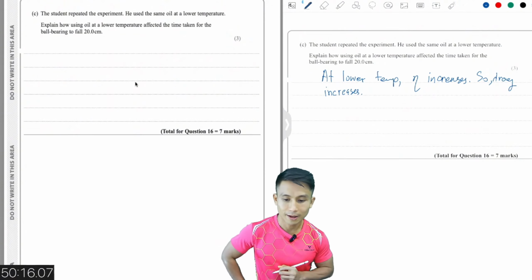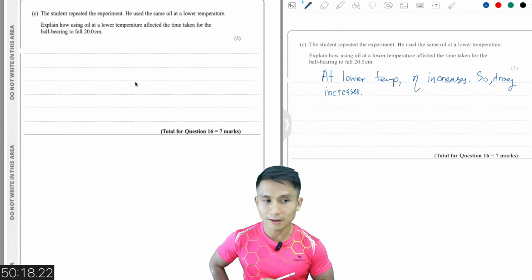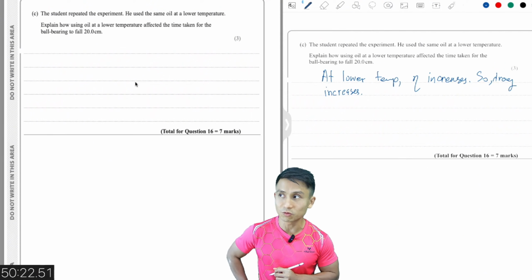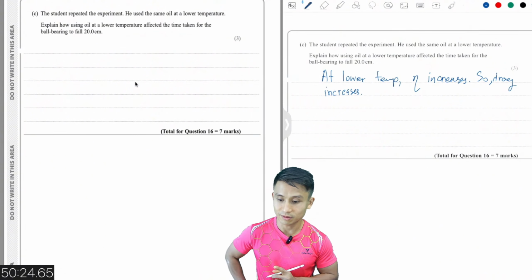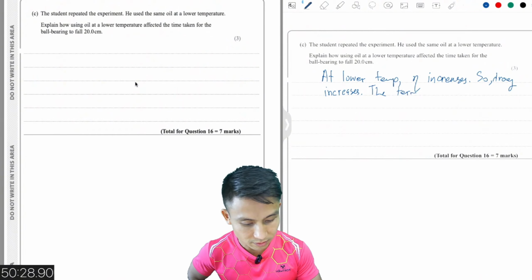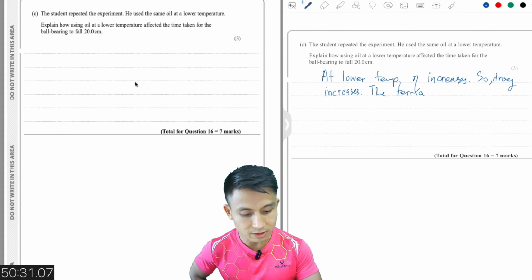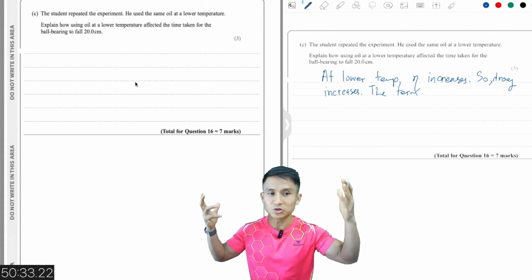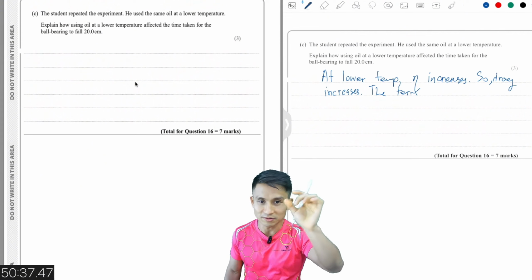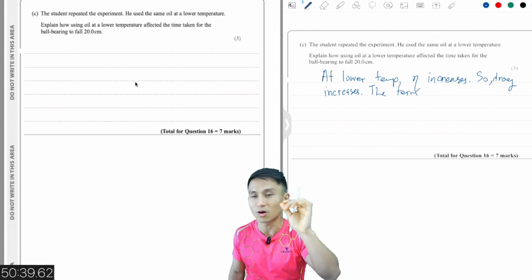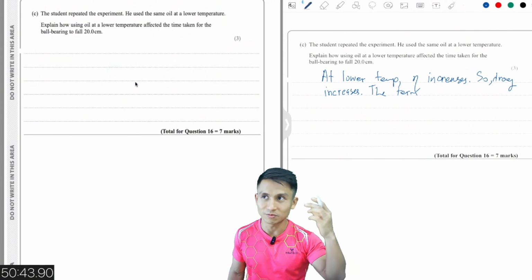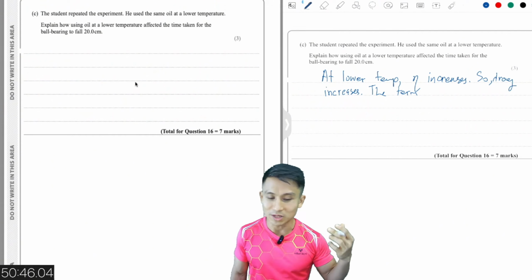Yeah. That means the terminal velocity will be reached faster, right? Because if you have more drag, imagine you drop a feather from the air, it's going to reach the terminal velocity faster than dropping a ball with the same size and same mass, because it's got greater surface area, so you get more drag.